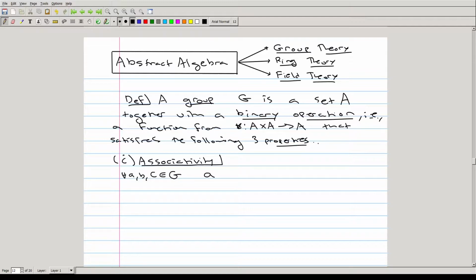And I want to point out a little notation trick that we're going to use whenever you have a binary operation.